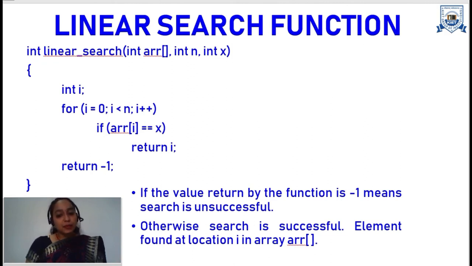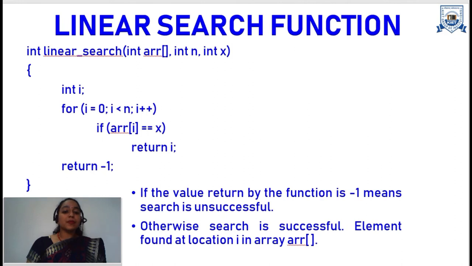If this element is equal, then we are returning i. i is the index location where the element is matched. If at a particular index location i, the element which is present in this position is equal to x, that means our search is successful and we are returning this particular index location i.